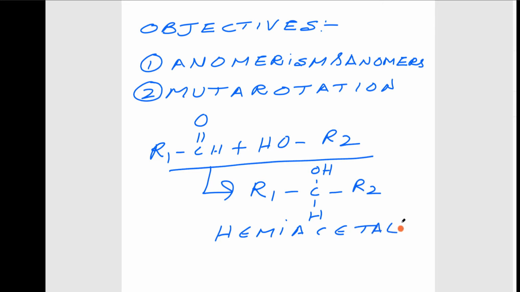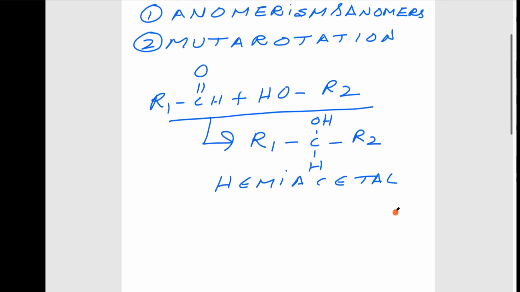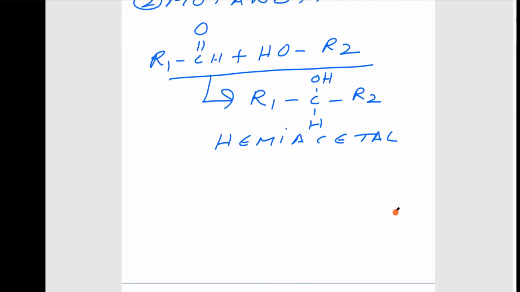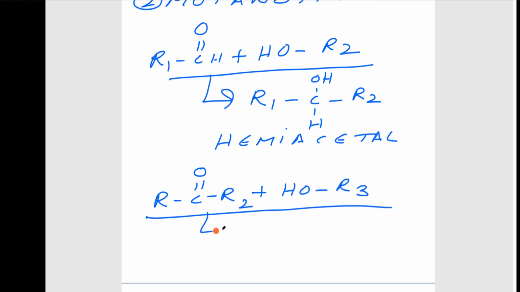Then let us see about the keto group. The linkage of the keto group with an alcohol, we call it the hemiketal. This is the ketone group which is present in fructose. It reacts with the alcohol and leads to the hemiketal.